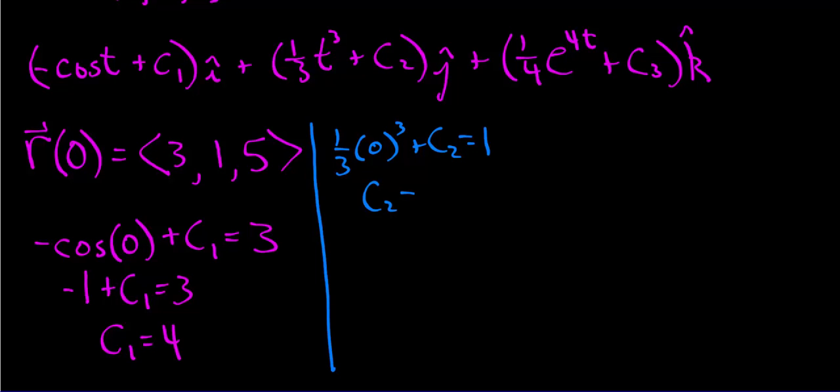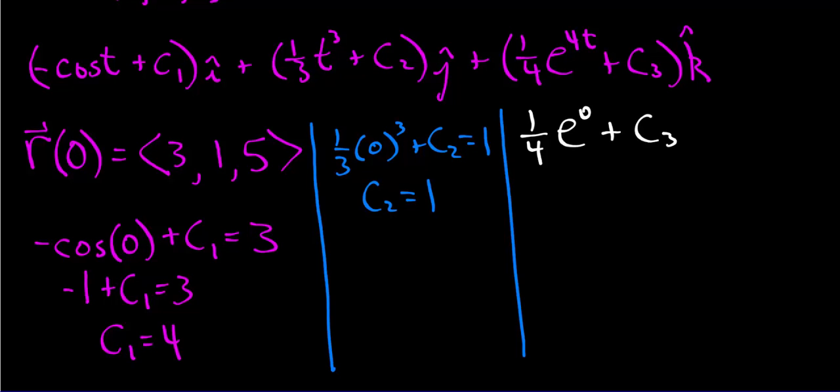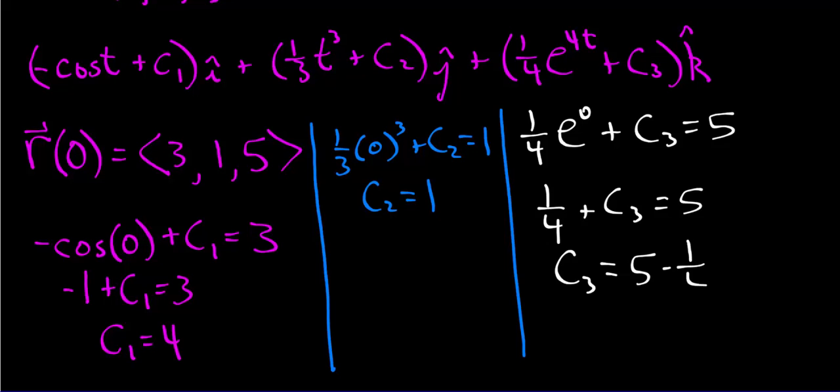Well, this is easy. C2 is equal to 1. And then finally, we've got the k component here, and we've got 1/4 e to the 0 plus C3 is equal to 5. That means that here we've got 1/4 plus C3 is equal to 5. And that means that C3 is equal to 5 minus 1/4. And I believe that would be 19/4.